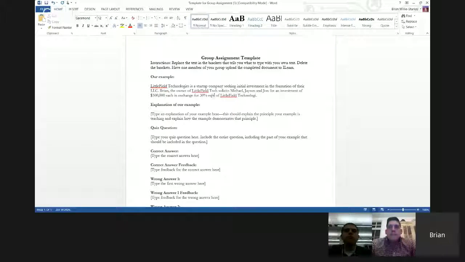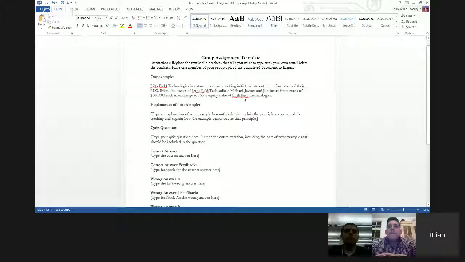Equity stake. Correct. Stake like Stake Center, I'm guessing. Yes. Okay.